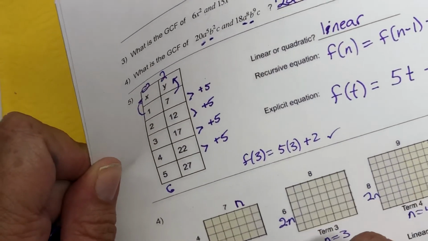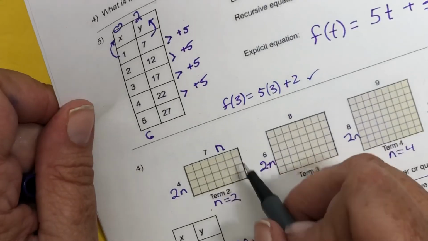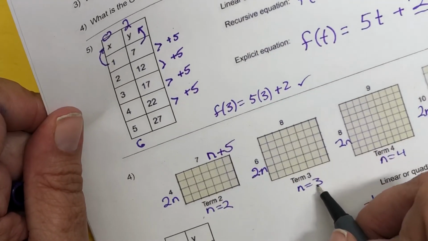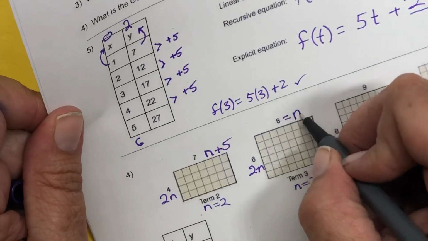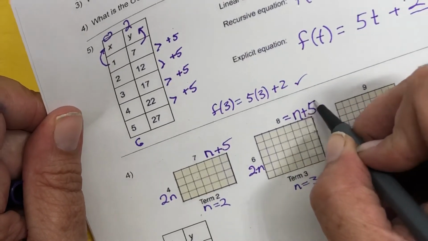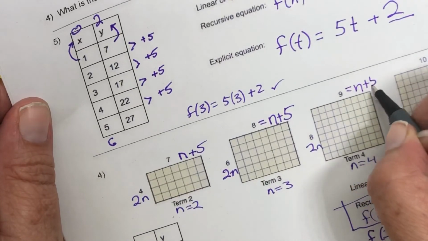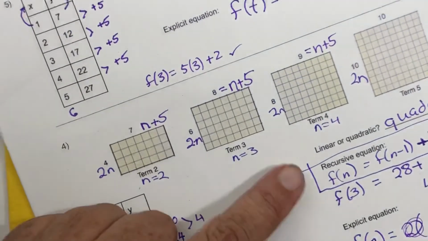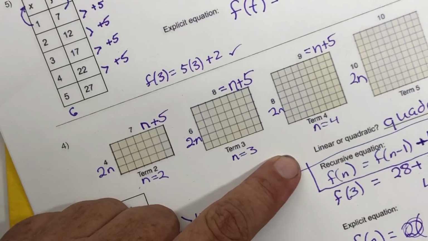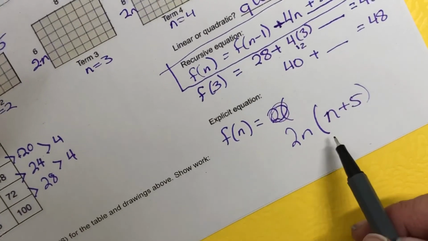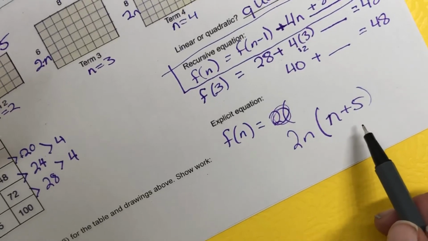If n were 2, I would need to go plus 5 to get 7. Does that work here? N is 3, so does 8 equal 3 plus 5? Yeah, we got it. N plus 5 is on top. And so then you got f of n equals 2n times n plus 5.